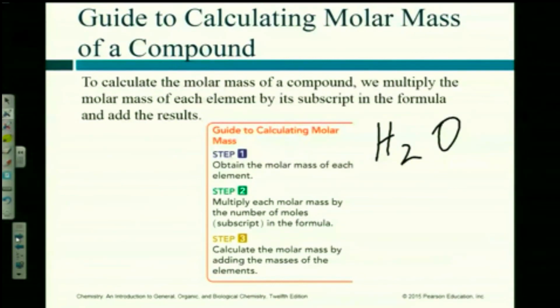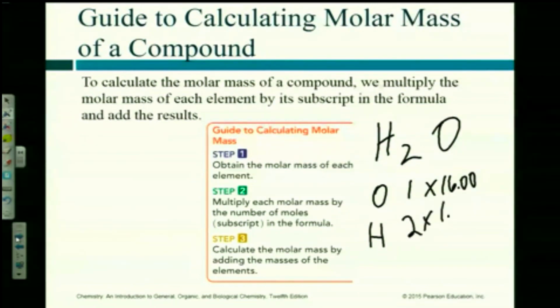I have oxygen and hydrogen, right? How many oxygen atoms do I have? 1. And how many hydrogen atoms do I have? 2. If I look at the periodic table, the molar mass for oxygen is 16.00. For hydrogen, 1.01.